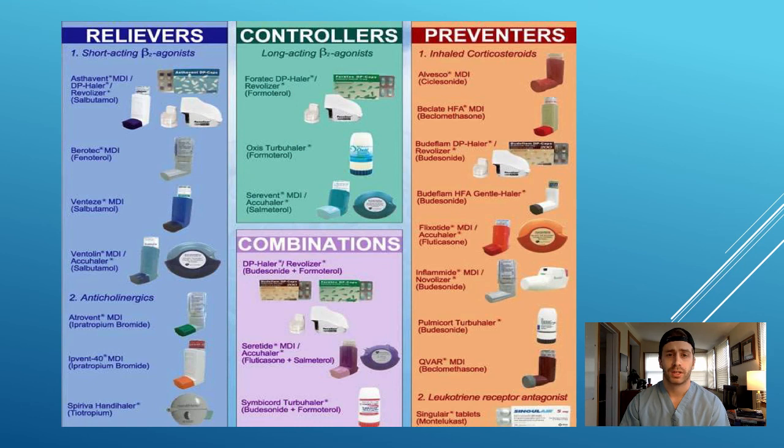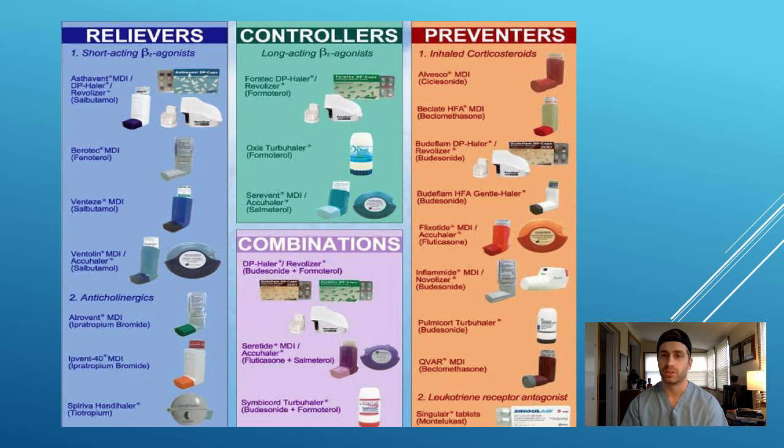So here we have some inhalers and medications for asthma. The short-acting ones are going to be here on the left. That's your albuterol, and if the child is exercising and they get short of breath, they take a couple puffs of those. On the far right are your preventive ones. These are most likely going to be steroids, and they'll use them every day or on a schedule.